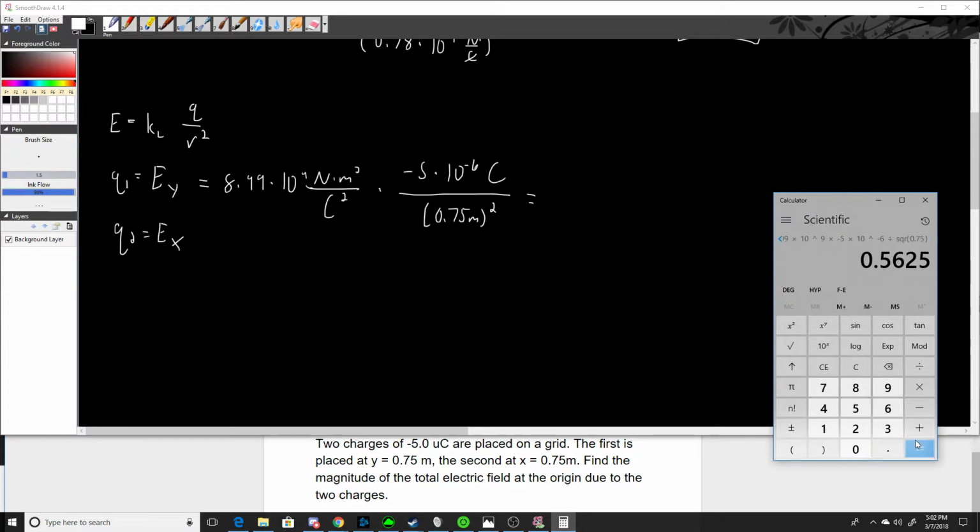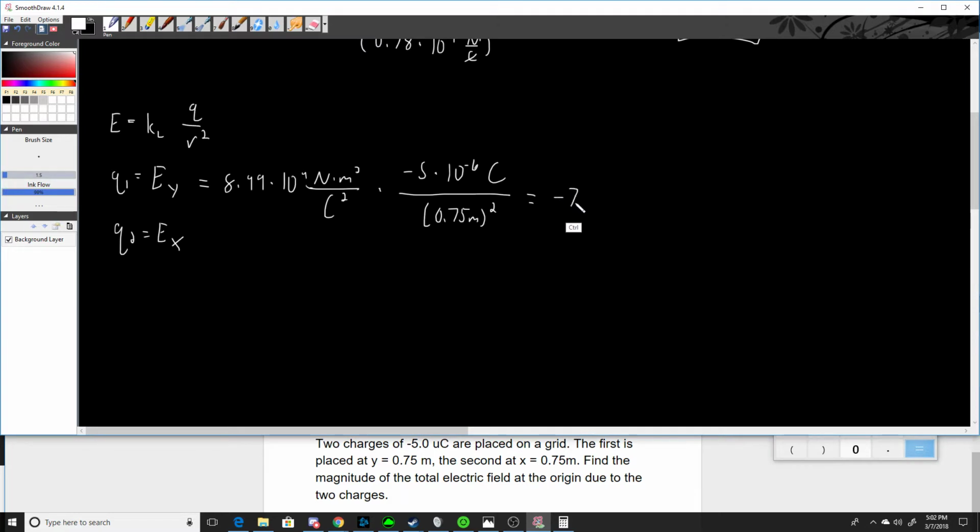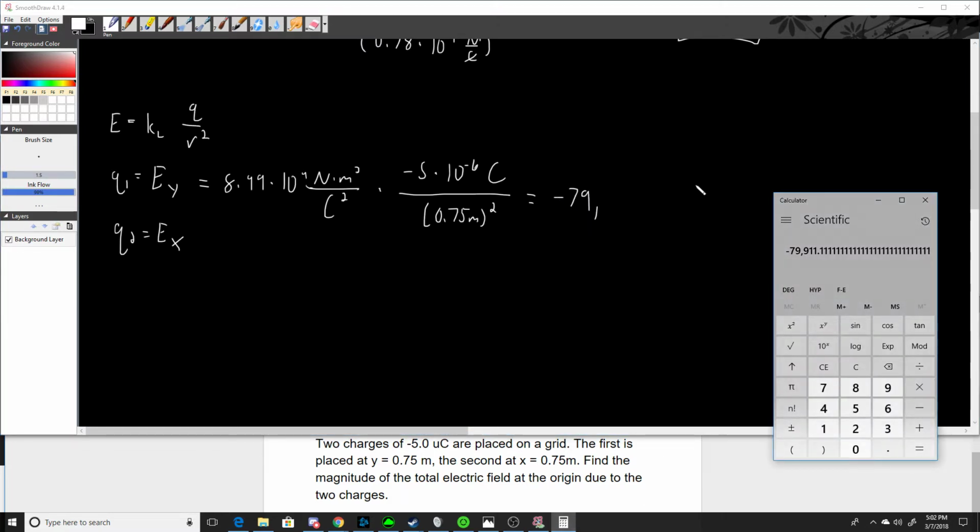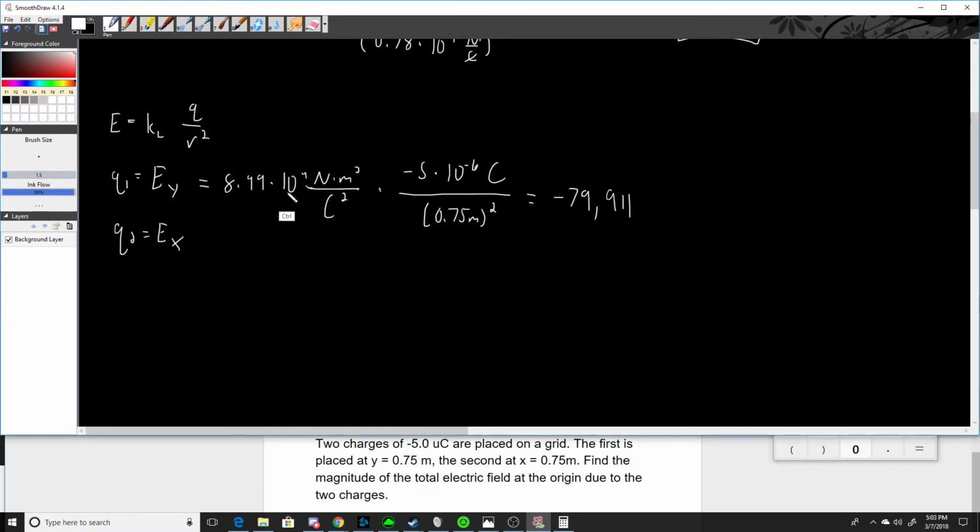I don't need to worry about the parentheses too much here. So it looks like I end up with negative 79,911. And keep in mind that's newtons per coulomb, because meter squared over meter squared.